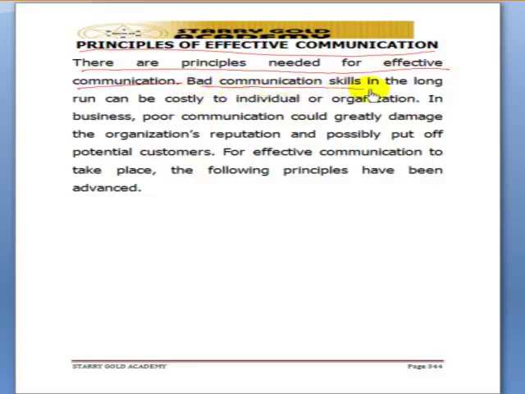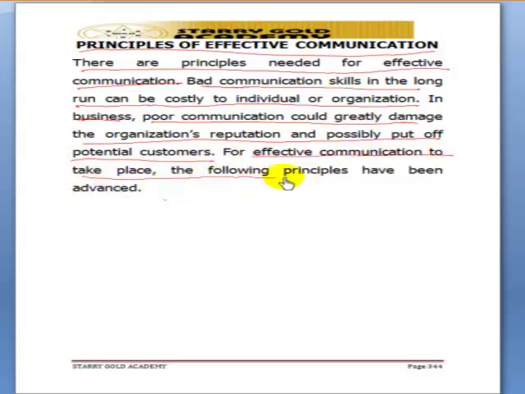Bad communication skills in the long run can be costly to an individual or organization. That is, in business, poor communication could greatly damage the organization's reputation and possibly put off potential customers.